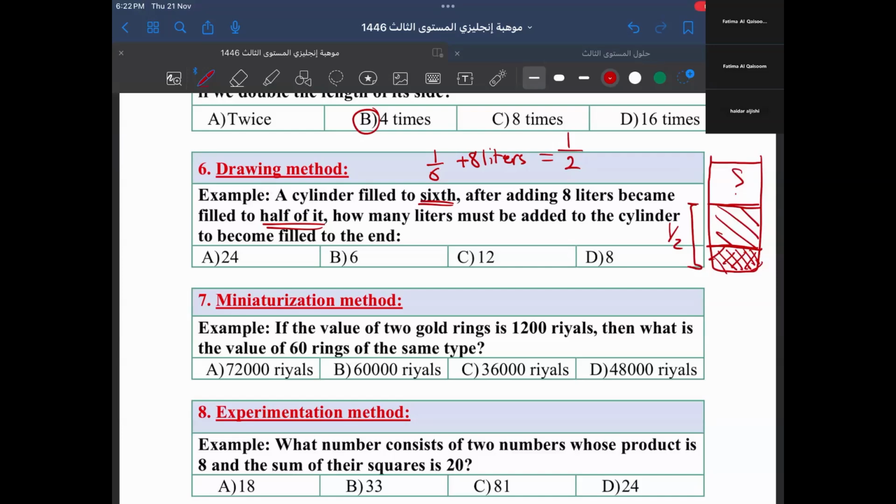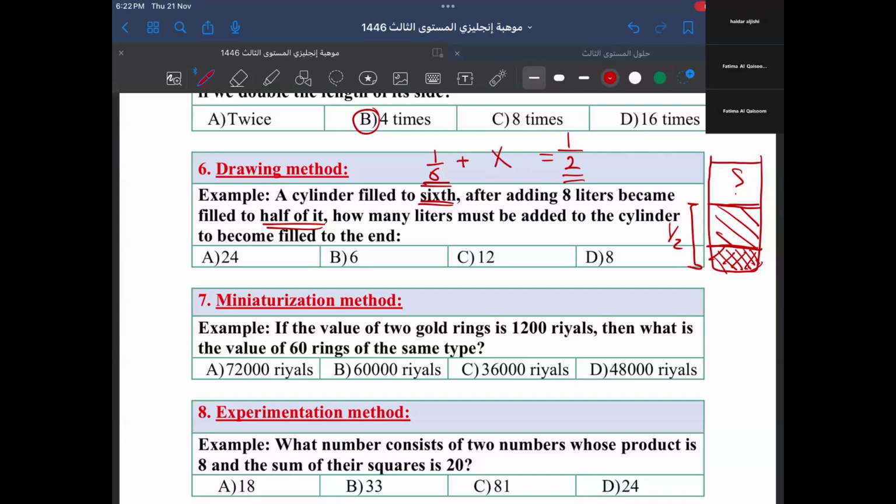So first, I want to know what the 8 liters is here. In what fraction is this 8 liters? So it was 1/6 in the beginning, and then it became half. So what fraction should be added here? Meaning, if I say that this is x, what was x here?